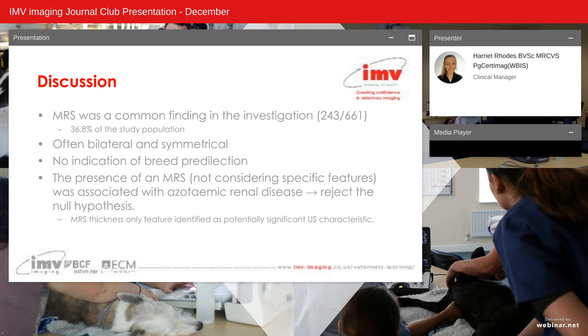Furthermore, the presence of a medullary rim sign was associated with azotemic renal disease, leading the study to reject its null hypothesis. Of the medullary rim sign features investigated in this study, thickness was the only feature identified as a potentially significant ultrasound characteristic.